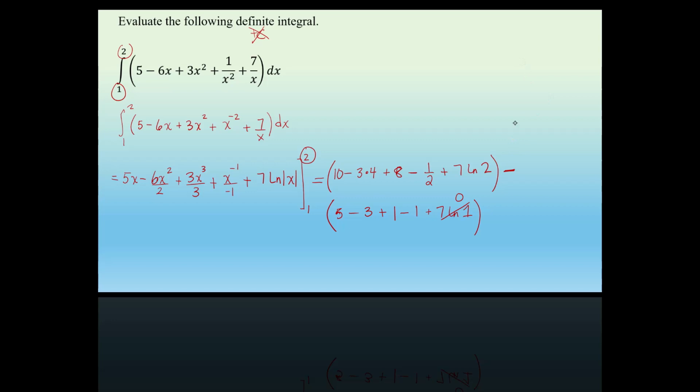So now let's go ahead and combine and get our final answer. So 10 minus 12 plus 8 minus a half. All of this will come out to be 5 1/2.